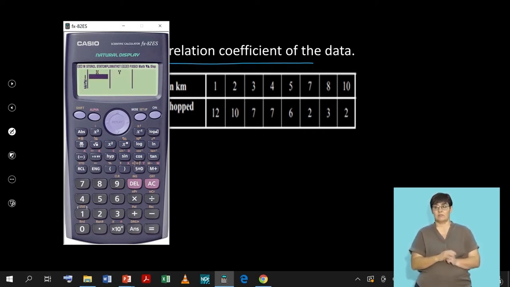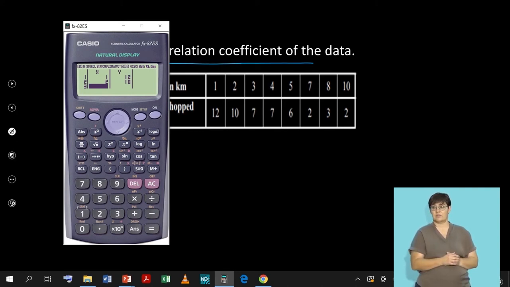Then I input my data. For X I put 1, and for Y it's 12, equal. Then 2, equal, and how many times they go per week? 10. So 2 goes with 10, equal.